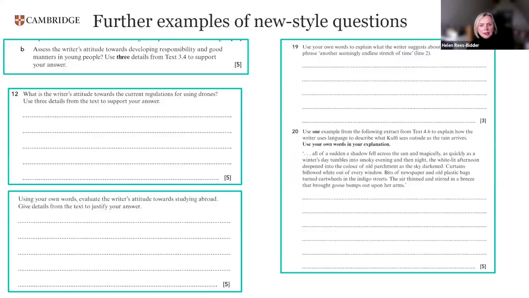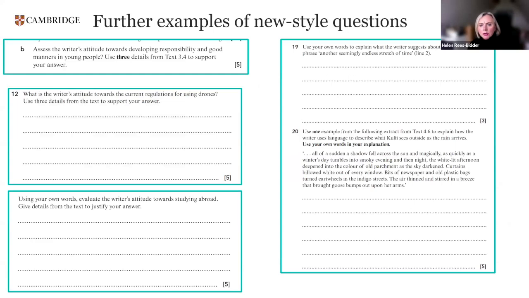So next slide, please. And here's further examples of the new style questions that appear in the workbook. So you can see, assess the writer's attitude towards developing responsibility and good manners in young people. What's the writer's attitude towards the current regulations for using drones? Using your own words, evaluate the writer's attitude towards studying abroad. Using your own words, what the writer suggests about Culfie's life in the phrase.